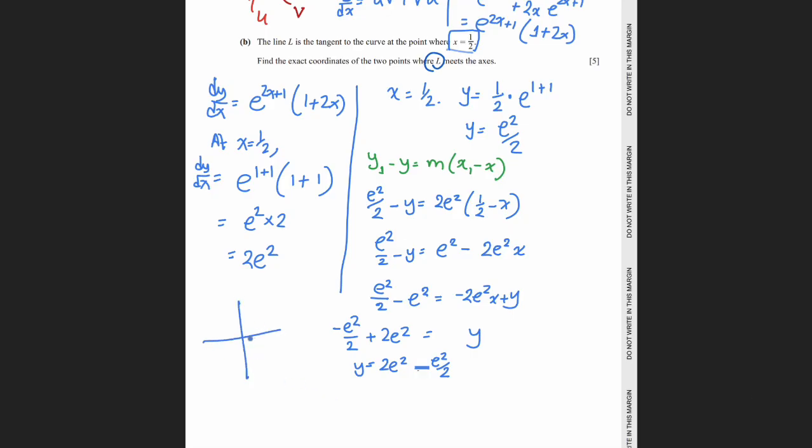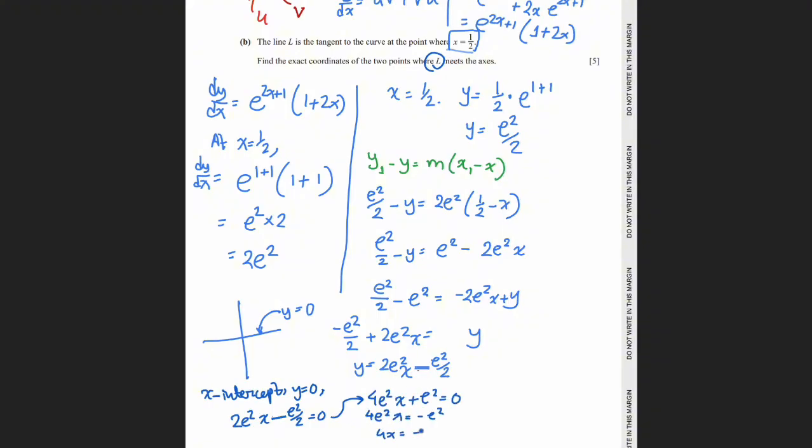Now if we draw our axis like this, here the y is equal to 0. So to find the x-intercept, we have to set y equals 0. Now we find the value of x from here. Our x is equal to 1/4, and for the y-intercept, x is equal to 0.